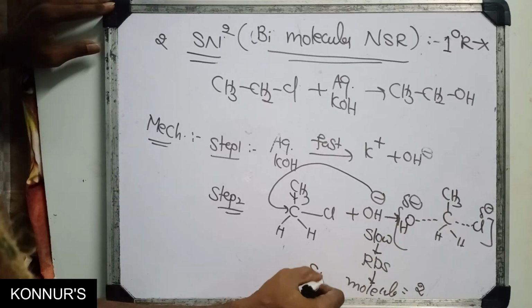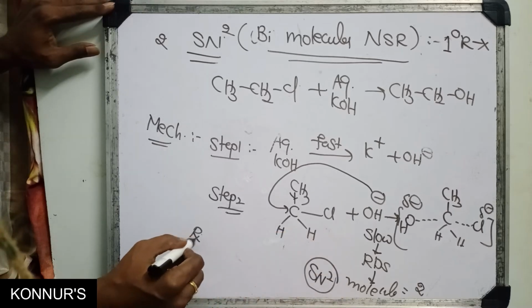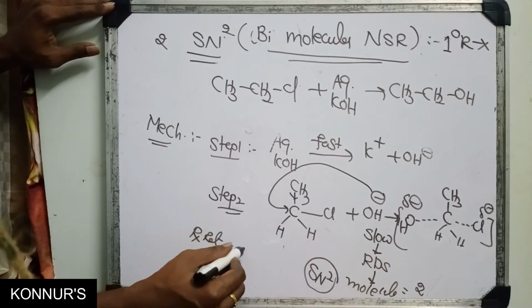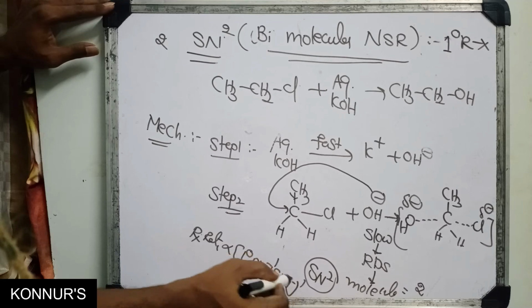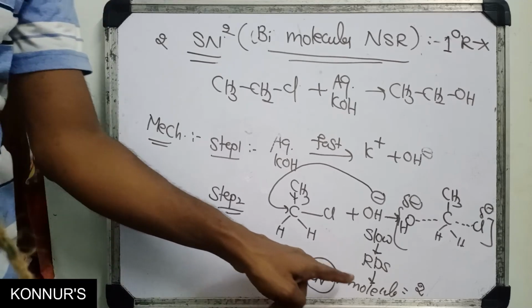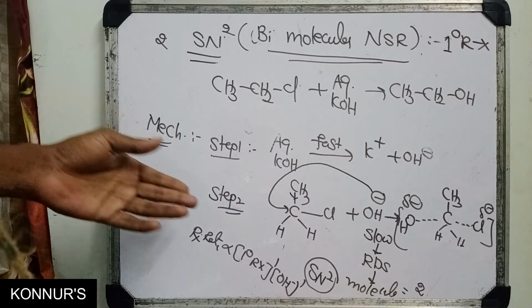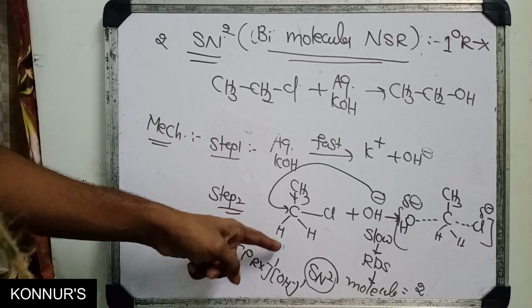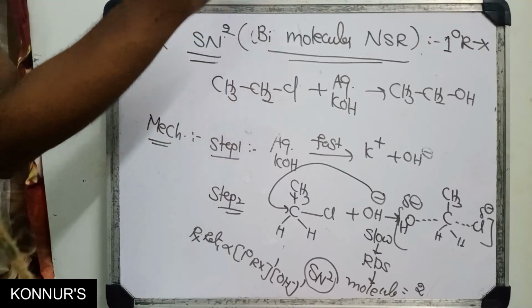That's why it is called SN2. The reaction rate is directly proportional to the primary alkyl halide and OH-, 1 plus 1, so it is a second order reaction. Second means bimolecular. So the mechanism gives molecularity, and experimental data gives order.